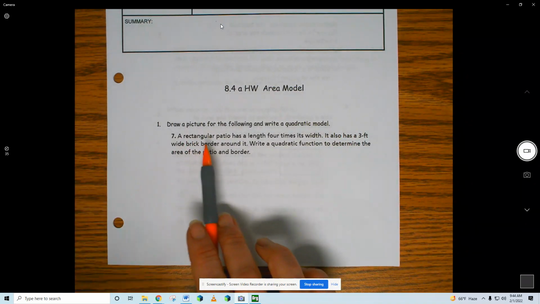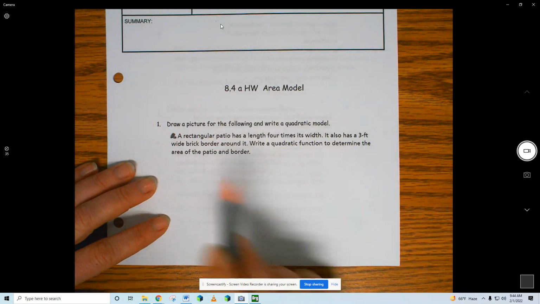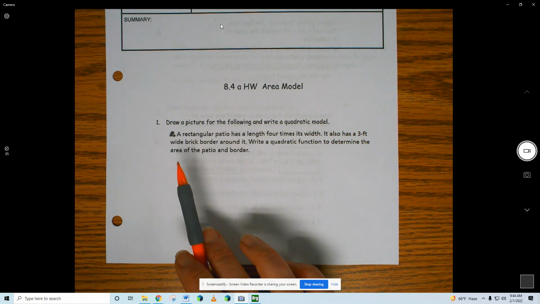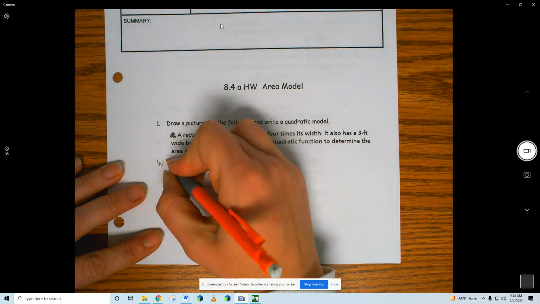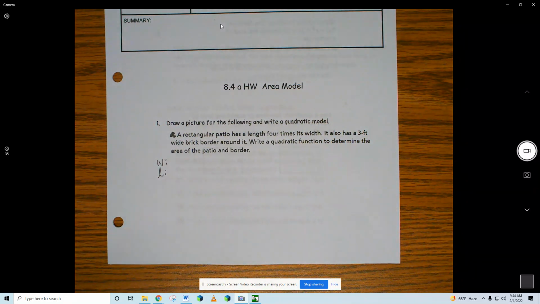A rectangular patio. Ignore the 7. That's nothing. A rectangular patio has a length 4 times its width. Width and length. You have to identify what your variables are going to be.